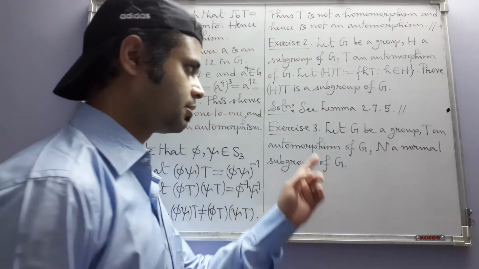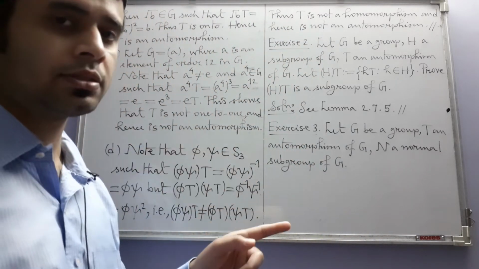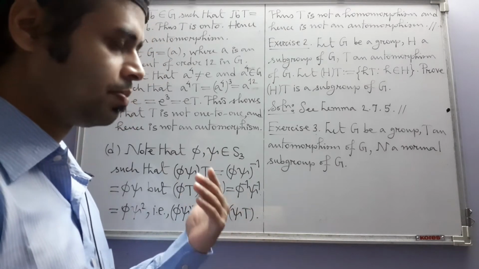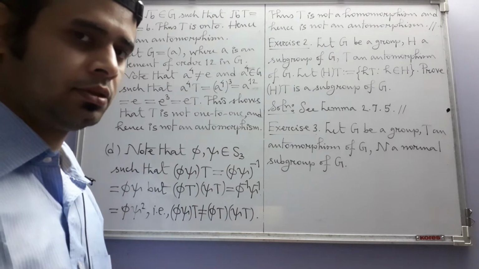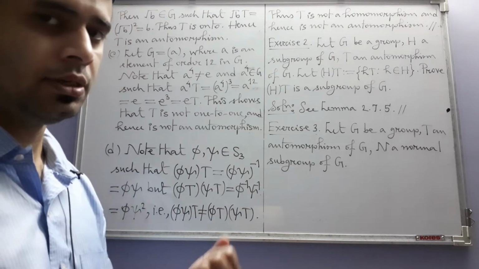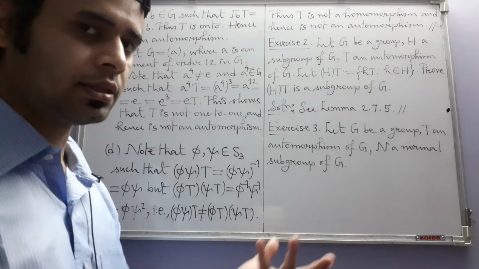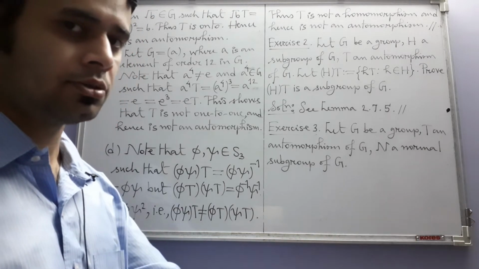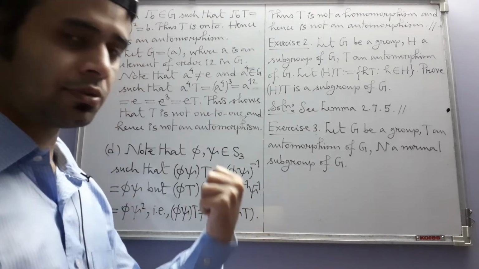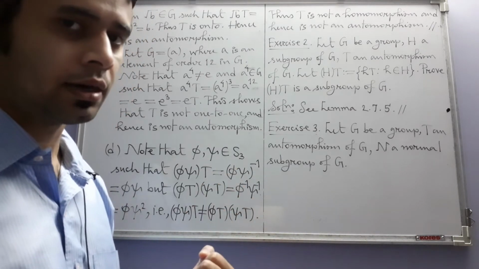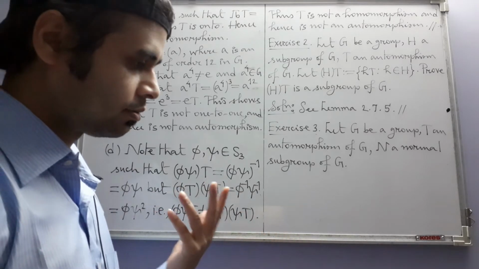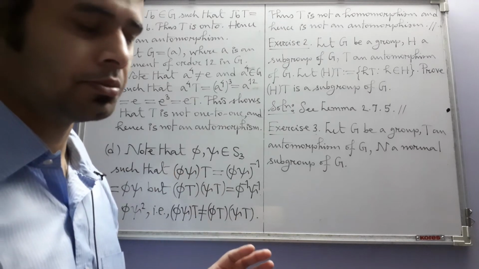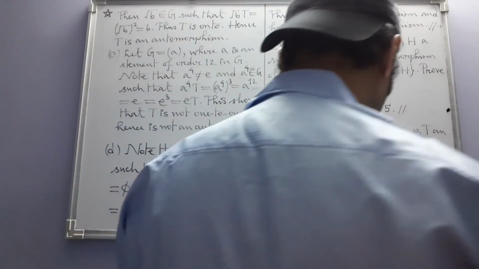If you are wondering what this lemma is, this is that correspondence lemma which tells us that if we have a homomorphism from one group G1 onto another group G2 with some kernel, then there is a one-to-one correspondence between the subgroups of the second group G2 and the subgroups of the first group G1 containing that kernel. And under this one-to-one correspondence, normal subgroups correspond to normal subgroups. So that part will be used here.